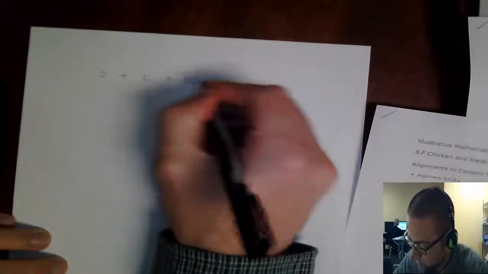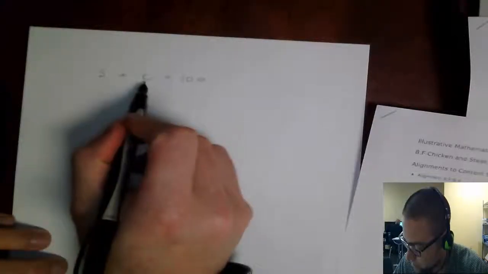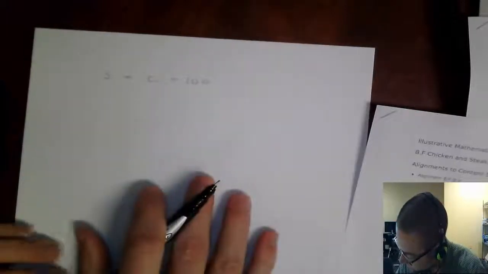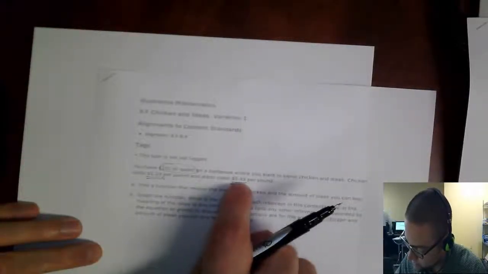So 100 is kind of like my limit. And if I buy 1 steak plus 1 chicken, it's not equal to 100. So I need to modify this function so that, let's see, the price of 1 steak would cost me $3.49, and 1 chicken would cost me $1.29.